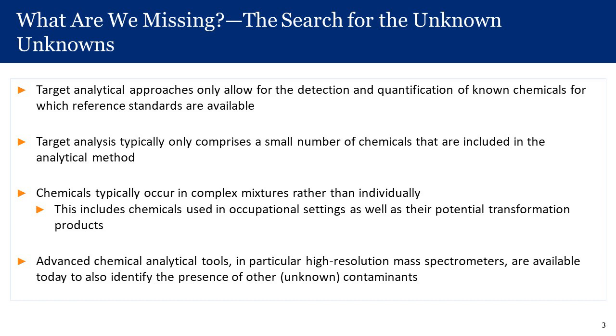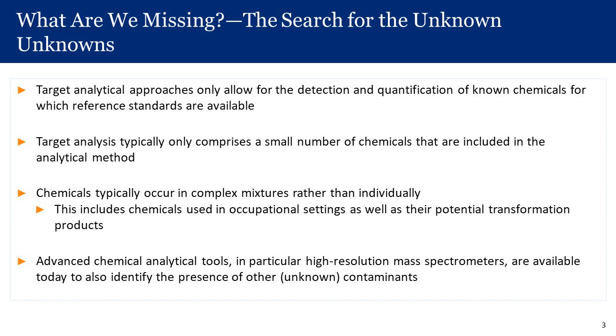What is missing here, though, is that in most settings, we are not exposed to individual chemicals, but typically these exposures occur as complex mixtures. And these include chemicals that are used in occupational settings, but also potential transformation products. And I will be talking about this a bit more.